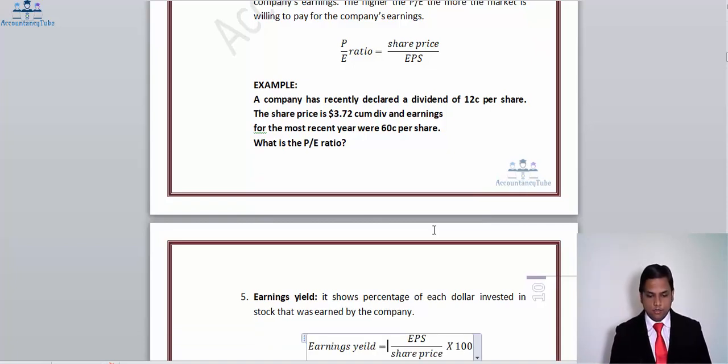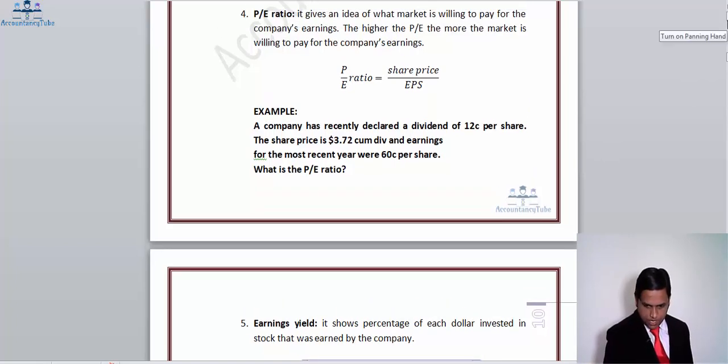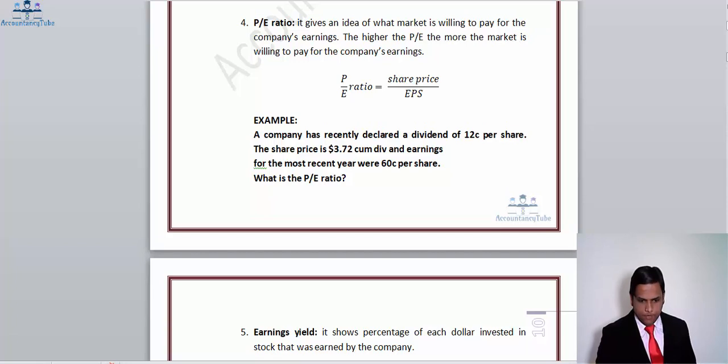The next example that we are dealing with comes with the PE ratio. So let's look at that. It's on page number 9. PE ratios, we already computed PE ratio with the Henry Co extract in our last video.